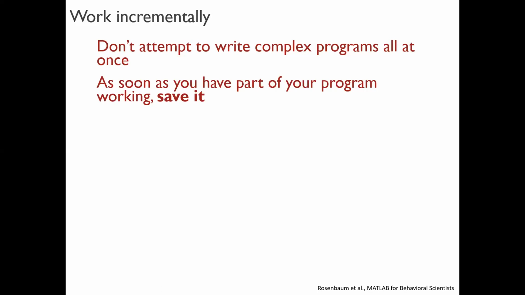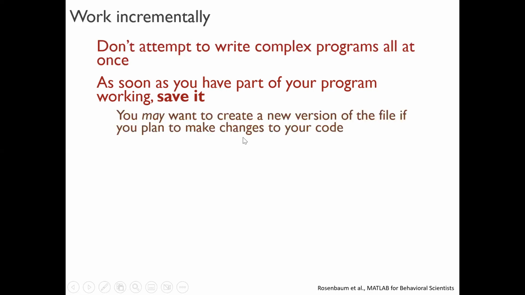You'll go back and make some changes, save it, and then it stops working, but you don't have the original version. So this is something that we'll talk about a little bit later, which is this idea of version control. So one way to do this is to, once you have a version that works, save it, create a new version, and then start modifying that new version.